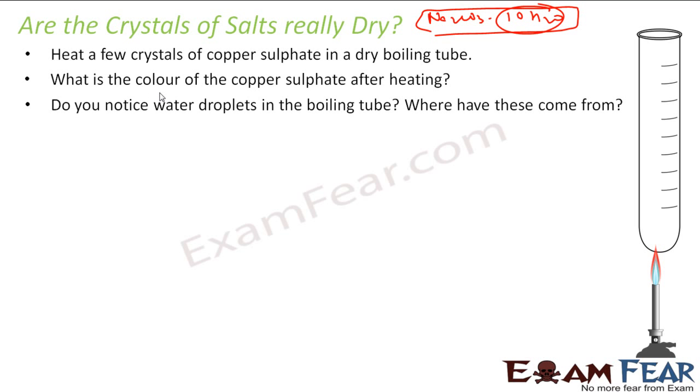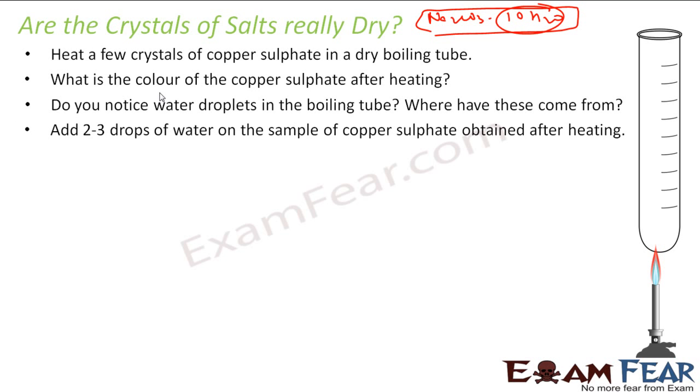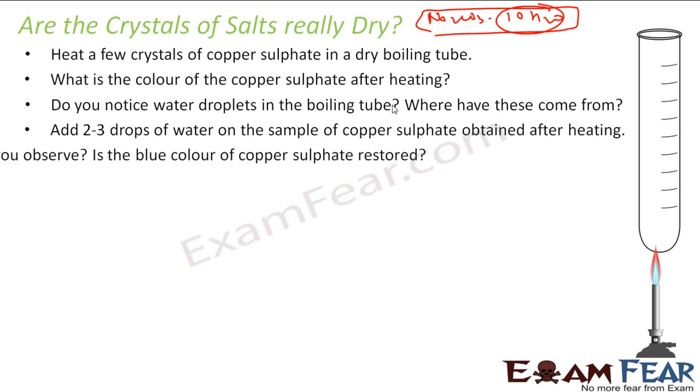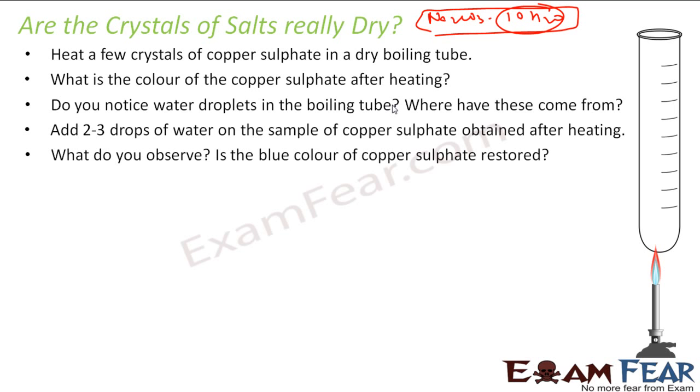When you heat this, you will see that water comes out. The question is, from where does the water come out? Now you again add a water drop to the copper sulfate, and it goes back to the old color.